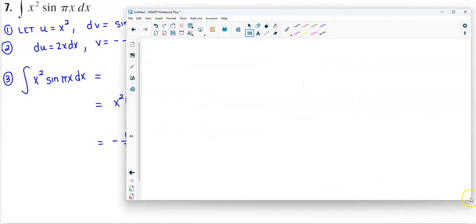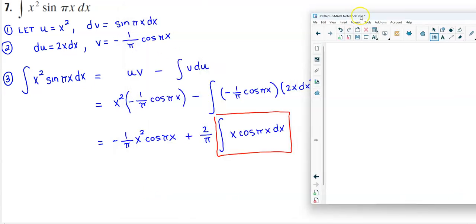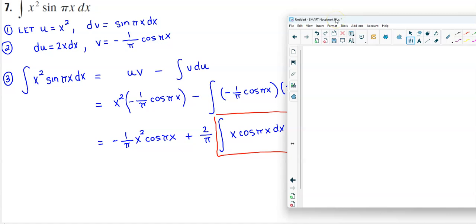So let's go ahead and do that. So we have x times the cosine of pi x dx. Okay, so using the u substitution here, we're going to do the same thing.